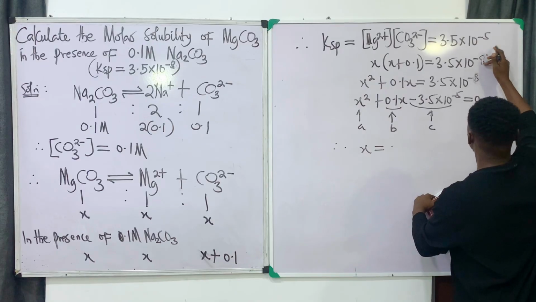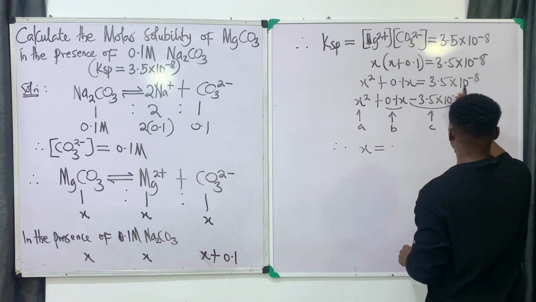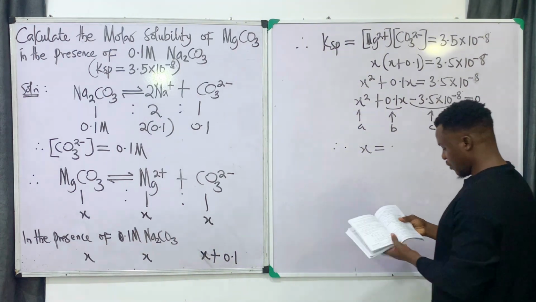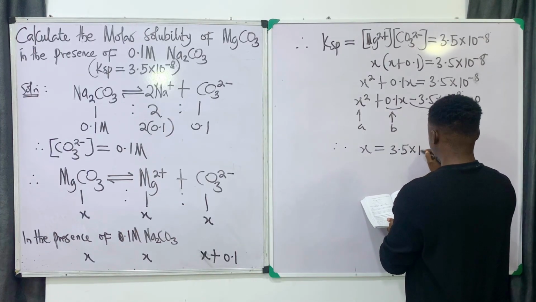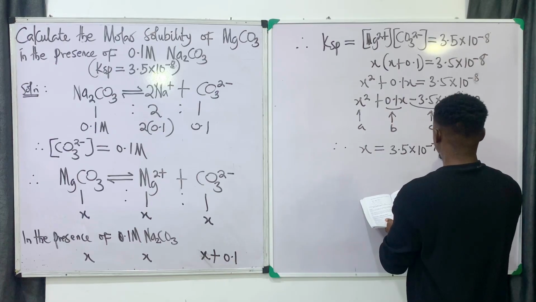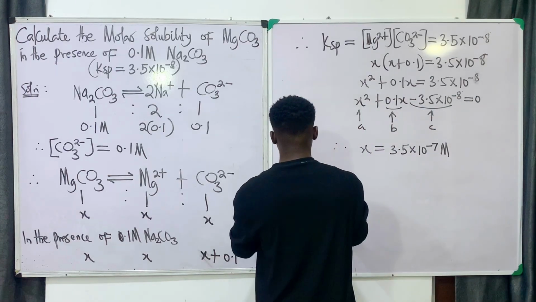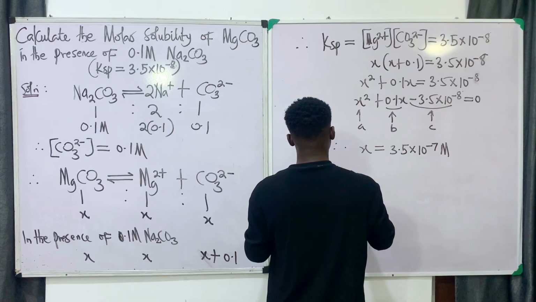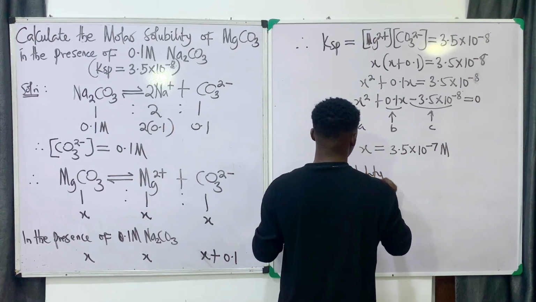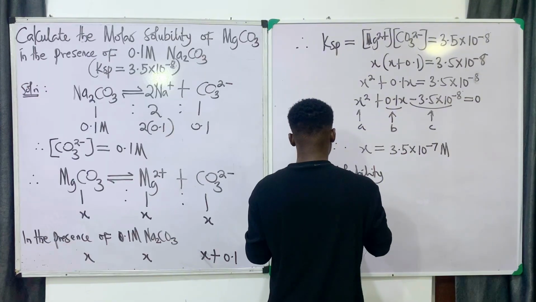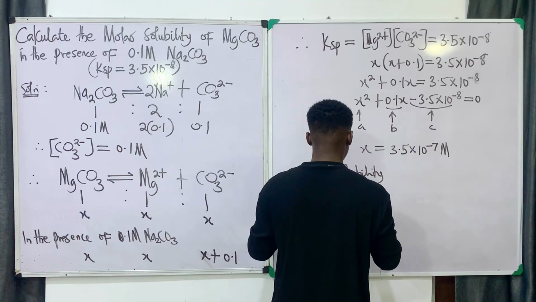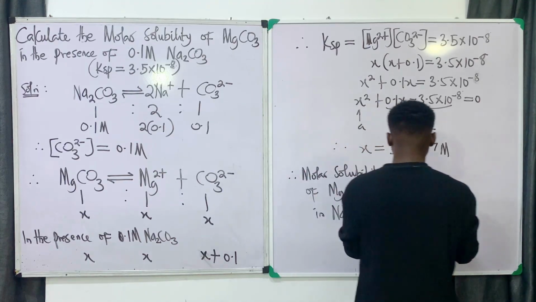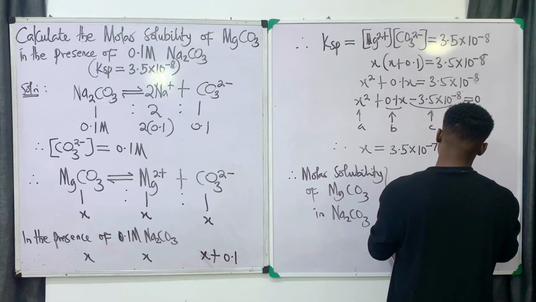This is minus 8 and this is minus 8, please. This will also be minus 8. So when you now solve for X, it becomes 3.5 times 10 raised to the power of minus 7 molar. So therefore, the molar solubility of MgCO3 is equal to 3.5 times 10 to the minus 7 molar.